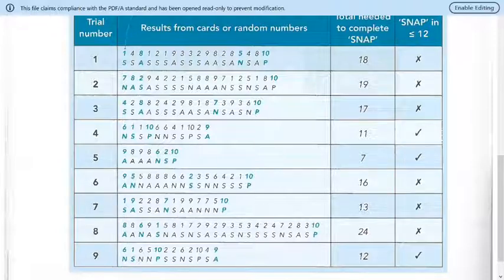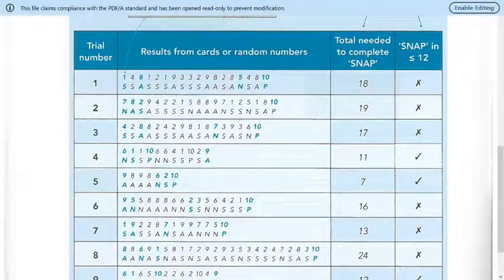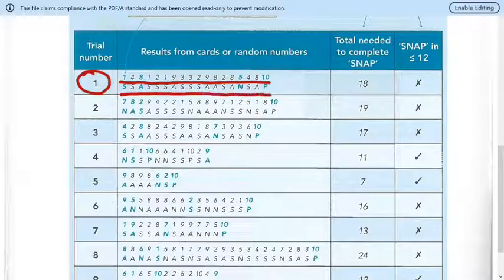And you'll notice, so trial number 1, okay, so they wrote what trial number? They listed all the random numbers, and below that they listed what that corresponds to.